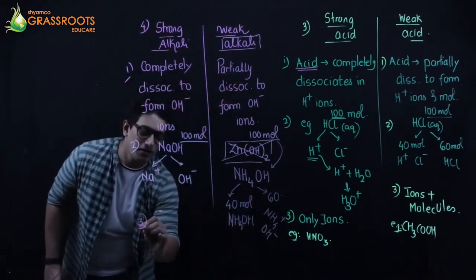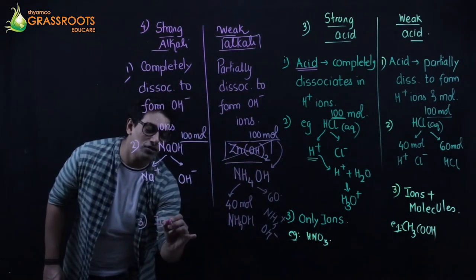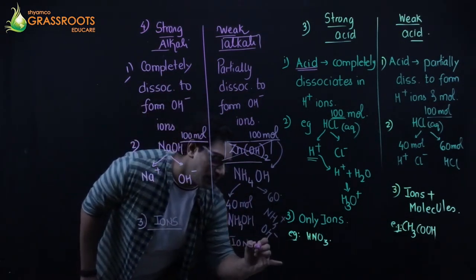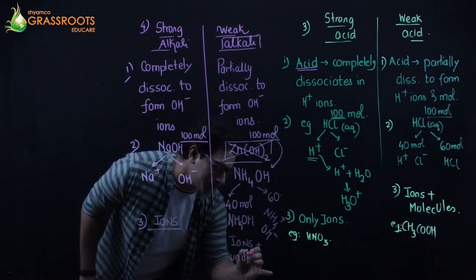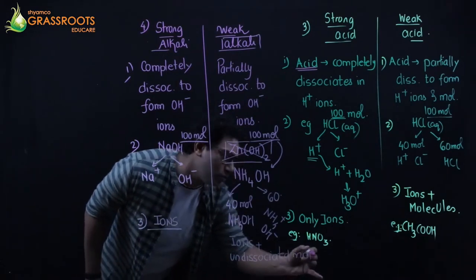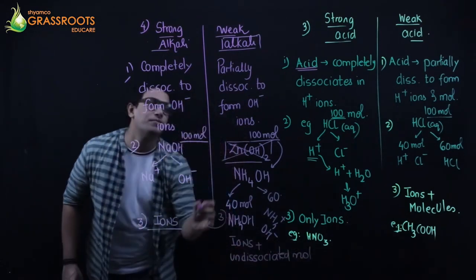So third part, we only have ions in the solution. We have ions plus undissociated, unbroken molecules also in the solution.